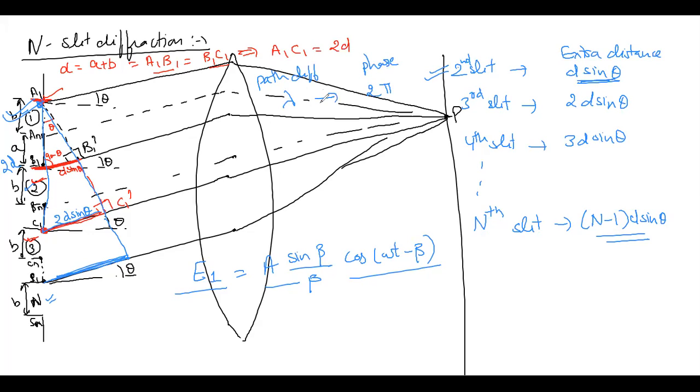If you have two wavelets which have a path difference of lambda, you can put that equivalent to 2 pi. That means if your path difference is d sine theta, which is the path difference for the second slit, then your phase difference would be equal to 2 pi by lambda into d sine theta.